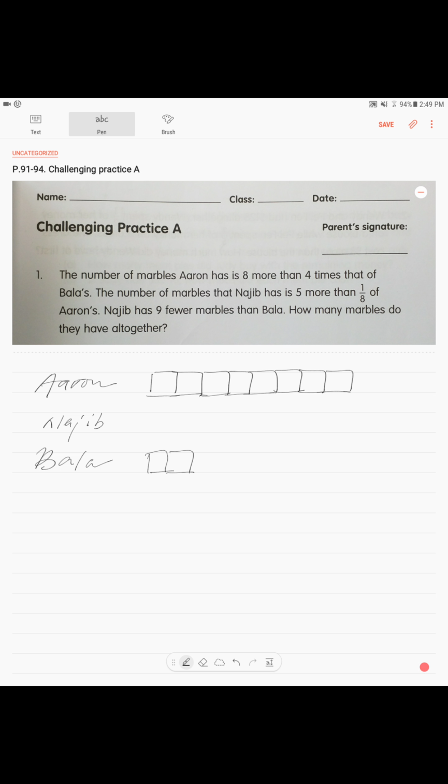The number of marbles Aaron has is 8 more than 4 times that of Bala. So if Bala has 2 units, Aaron has 4 times more, but he also has this 8. So let's draw it like this. I just broke the 8 into ones.